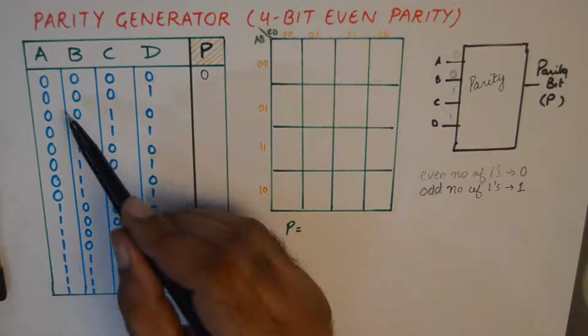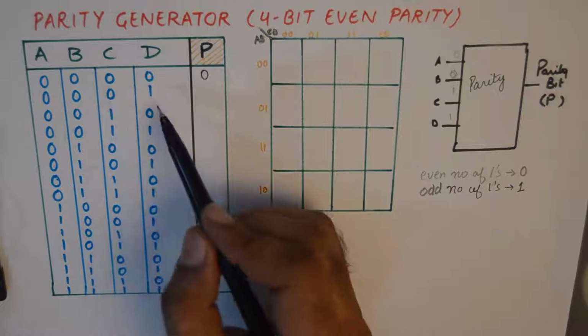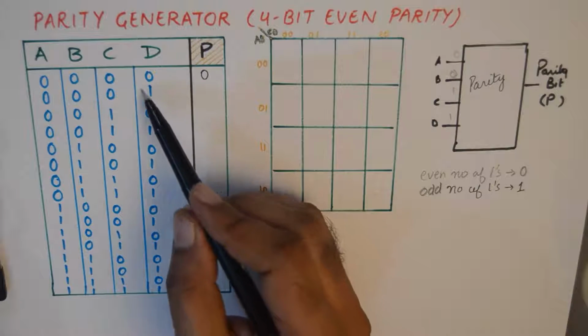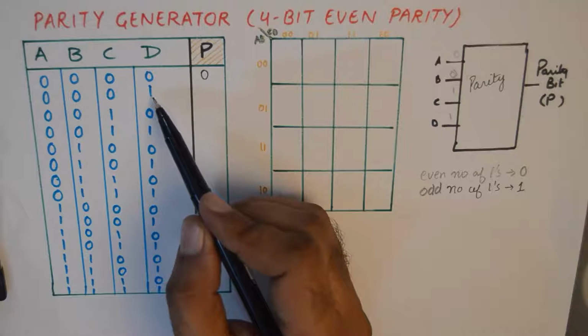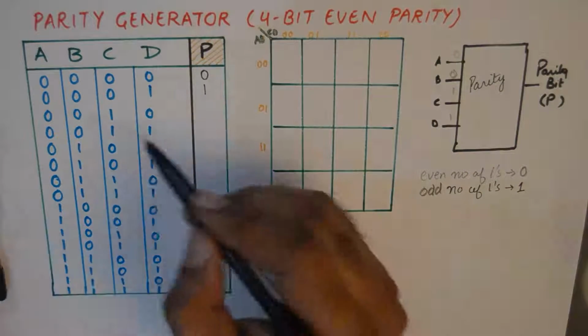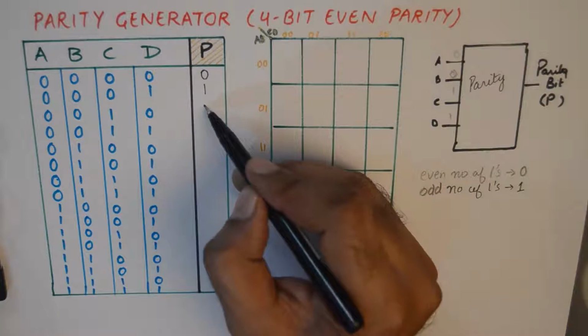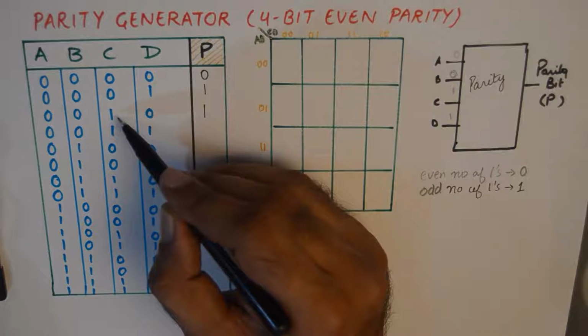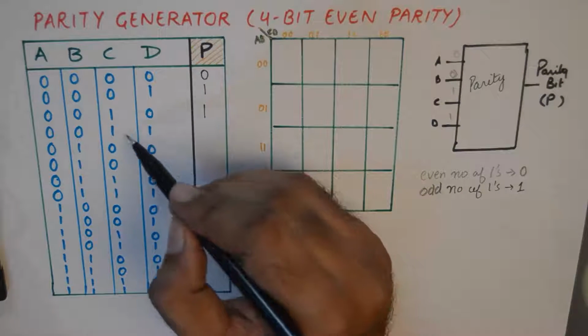Now if we look at the next number, which is 0, 0, 0, 1, an odd number of ones occur at the input. So we'll put a 1 here. Similarly, we put a 1 here because the number of ones is 1.